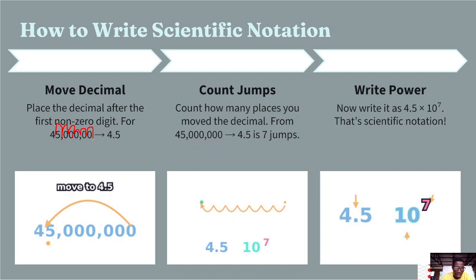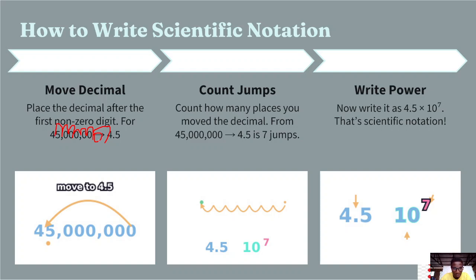So I'm so sorry, there's supposed to be another 0 here. So we're supposed to move 7 times. All right, it's supposed to move 7 times. So we have 45 million. Sorry about that. That will be 45 million. So you stand in the middle of the 4.5, then you move the decimal point 7 times to the last 0.